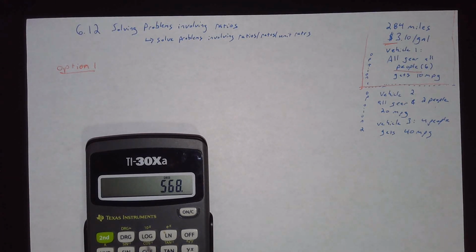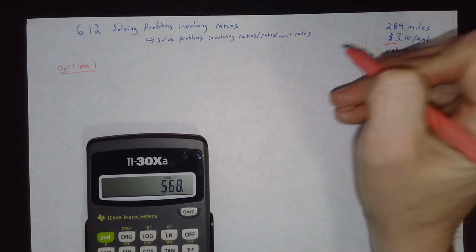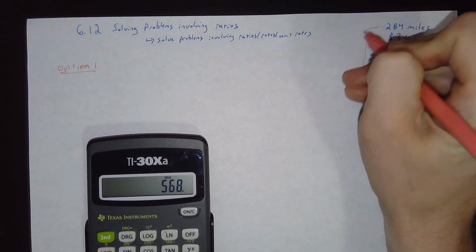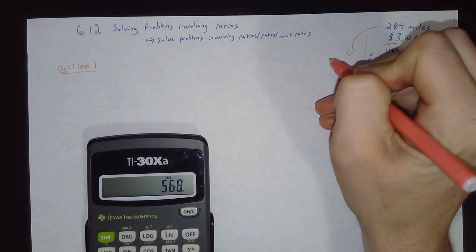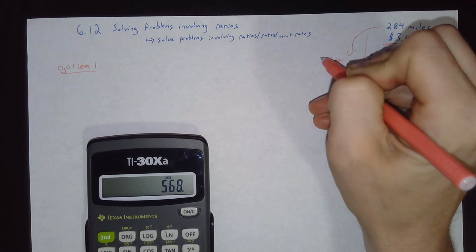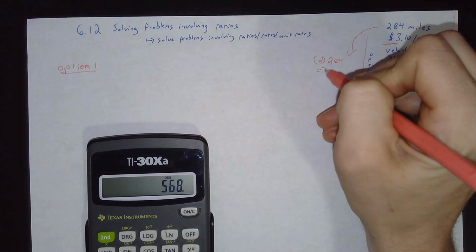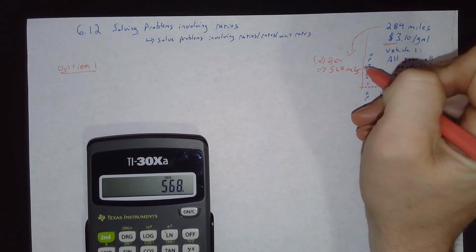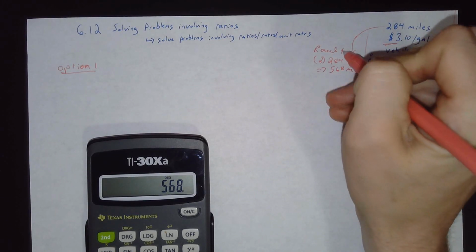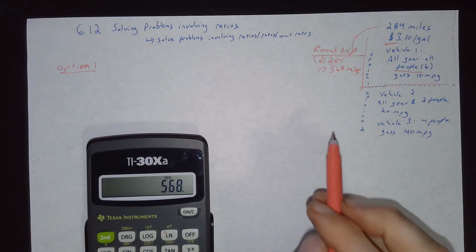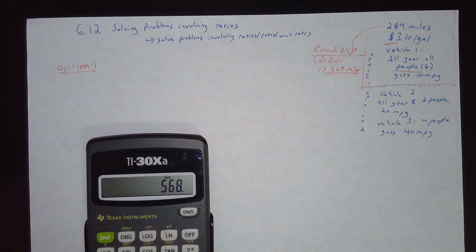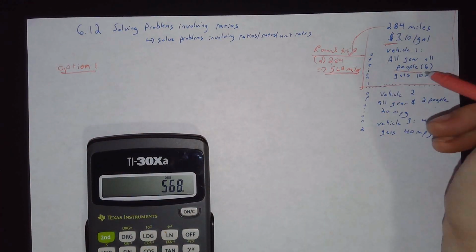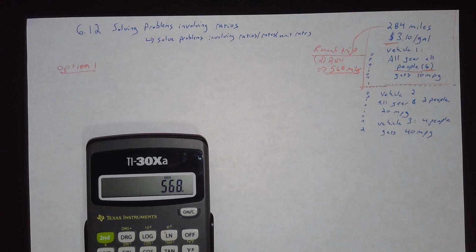So our total round trip is 568 miles. 284 times 2 is 568 miles round trip. That's the actual value we're going to be using in our calculation. And then the total number of people we already have identified as 6 right here.